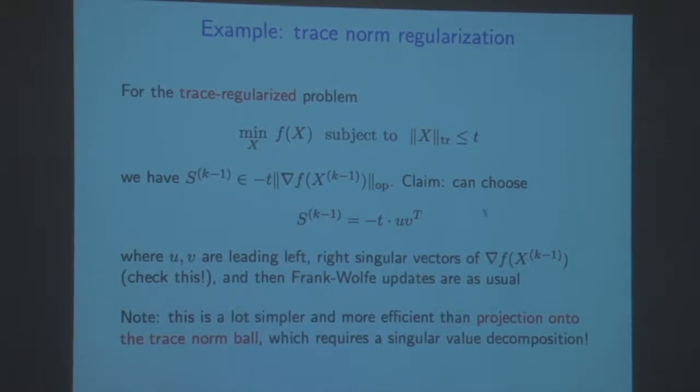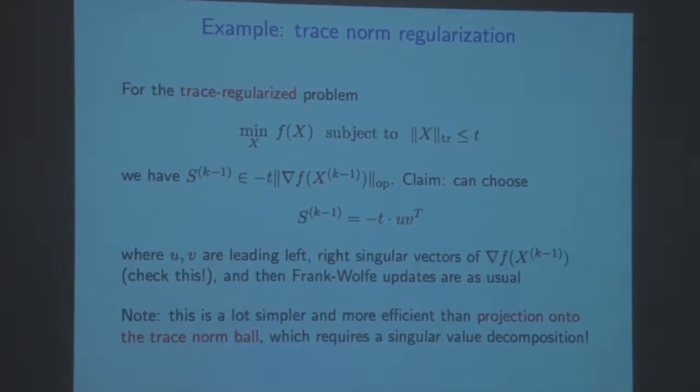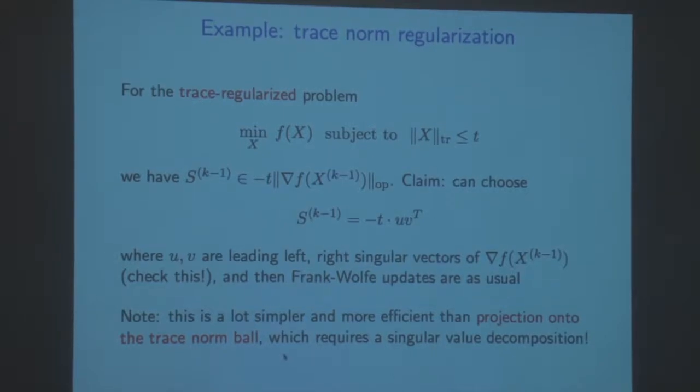Projection onto the trace norm ball requires an SVD. So that's something you can look up. The prox operator for the trace norm, we derived that earlier in the class, also requires an SVD. So both the prox and the projection associated with the trace norm are much more expensive than this Frank-Wolfe update, which is actually a subgradient of the operator norm, because that's the dual norm of the trace norm.